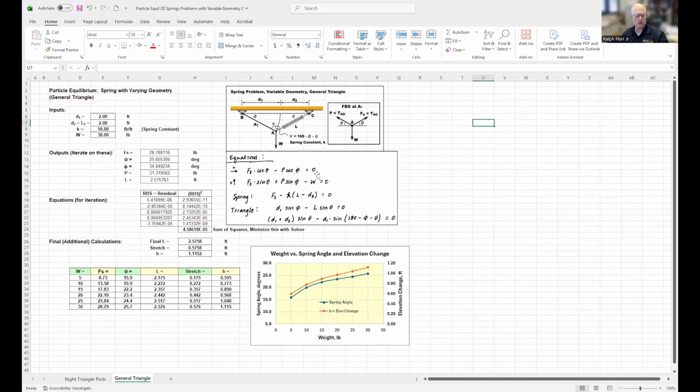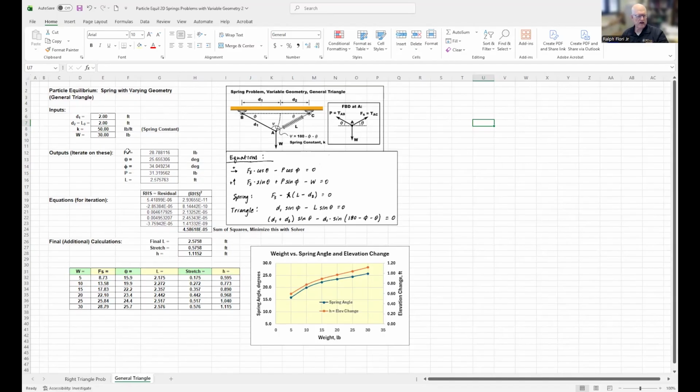I'm sorry, D1 times sine of psi, where psi is 180 minus phi minus theta. And so this gives me 5 equations and 5 unknowns.